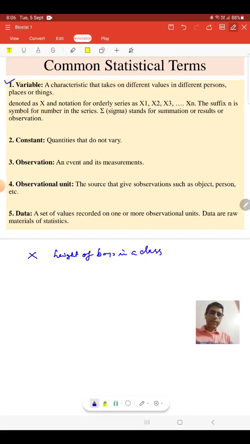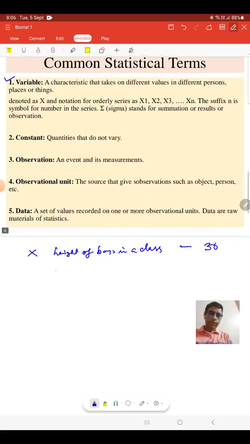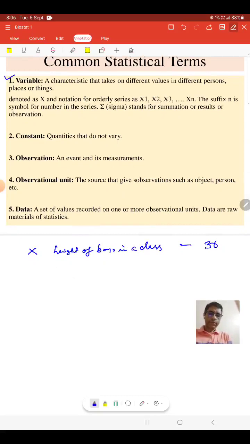You start collecting the data, and you collect the height of 30 boys from a classroom. Every observation can be depicted by X.